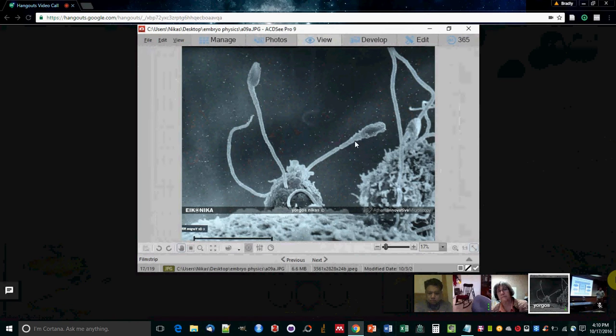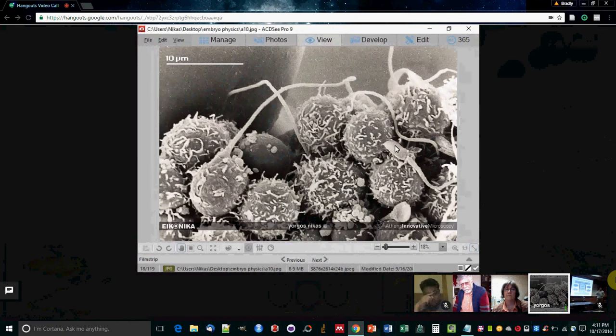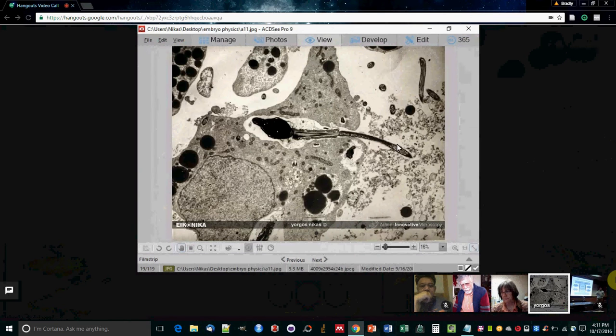Such figures have been interpreted as phagocytosis of sperm by corona cells, which I don't think is true, because the sperm is not damaged, it looks very active. You see these figures, it looks like it enters the corona cell here, another one here. And in transmission electron microscopy, you see here that it looks like it swims freely within the cytoplasm of a corona cell. There is a halo around, there is no evidence of phagocytosis.